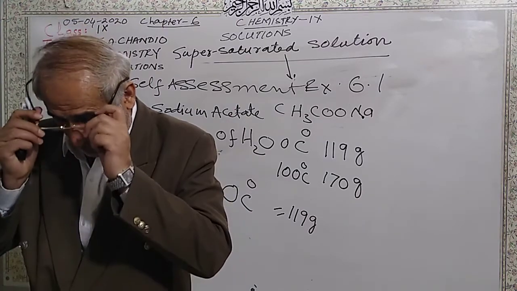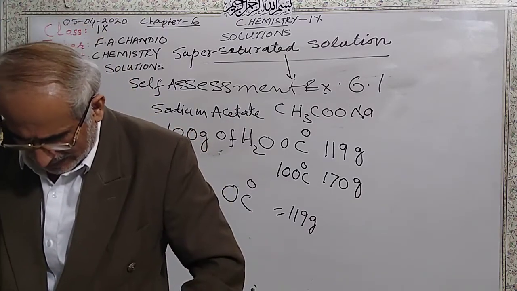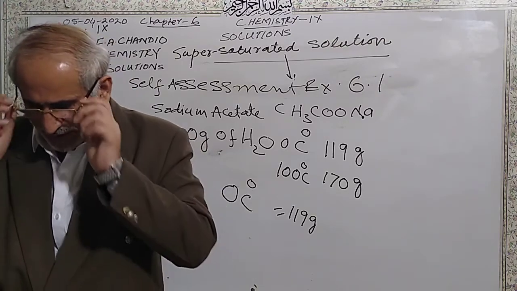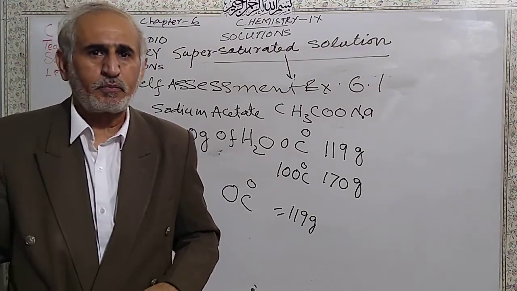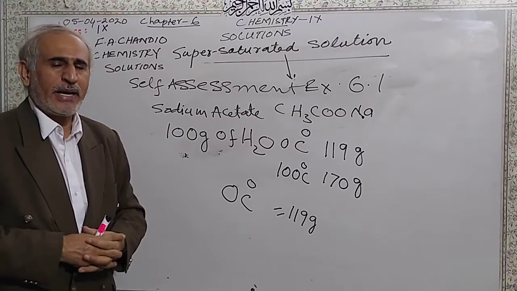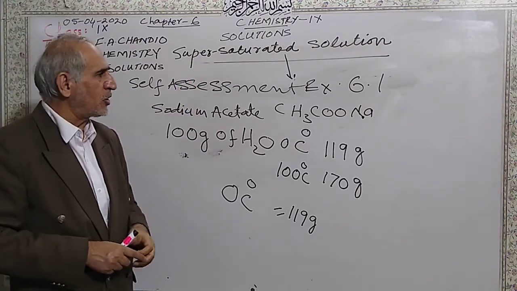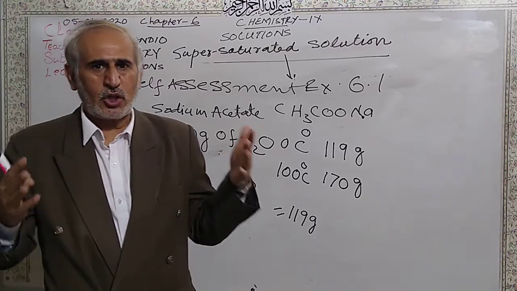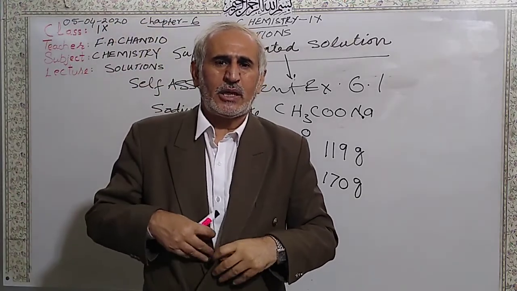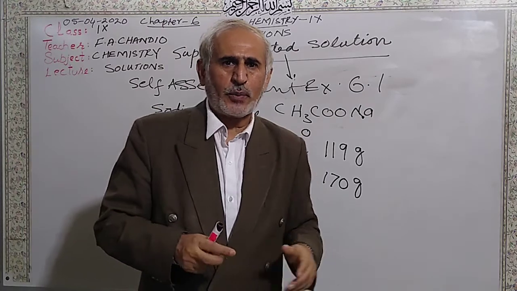You can see it also in the book. B: is the solution saturated or supersaturated? As I explained in the previous topic, a saturated solution is one which has no ability to dissolve more solute at a particular temperature.